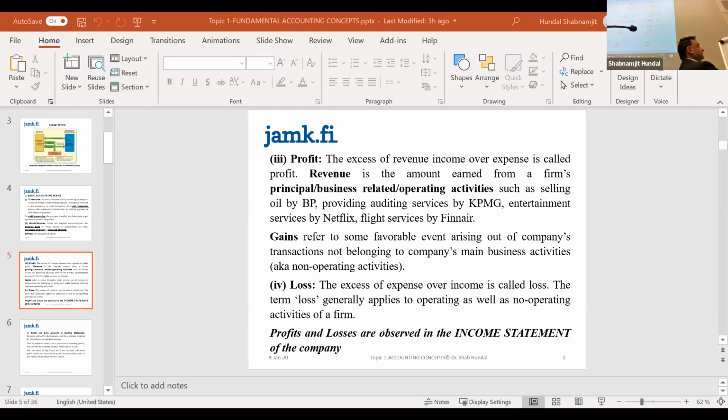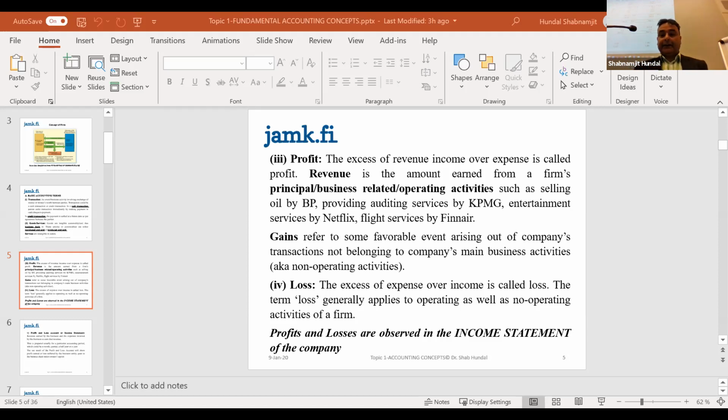Which tax? Corporate tax. And then whatever is left over is called, you can call it net profit, or it's earnings before tax, then it becomes earnings after tax, EAT. Or this was profit before tax, we can call it profit after tax, PAT.